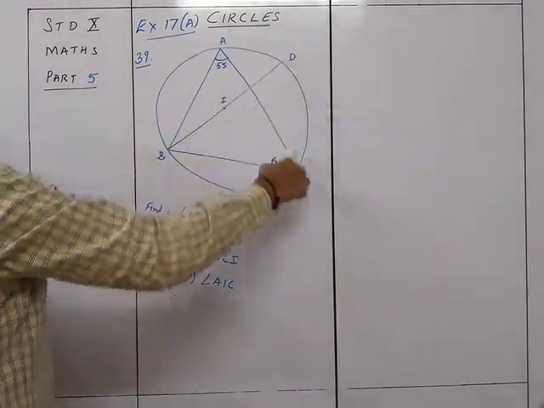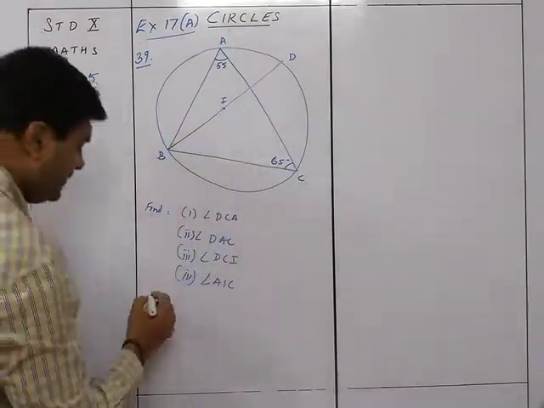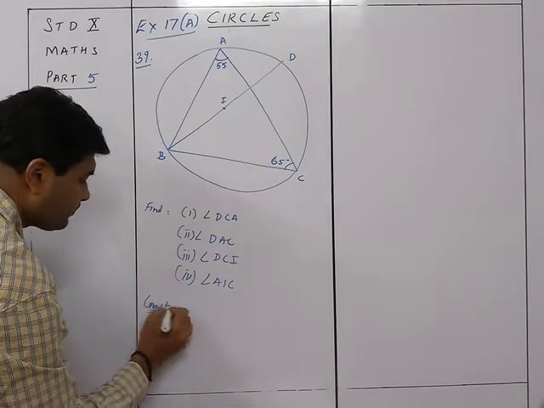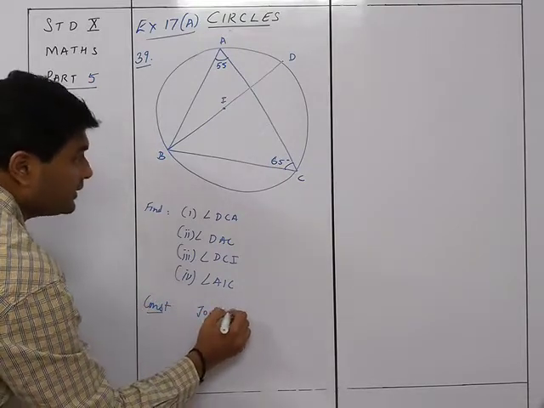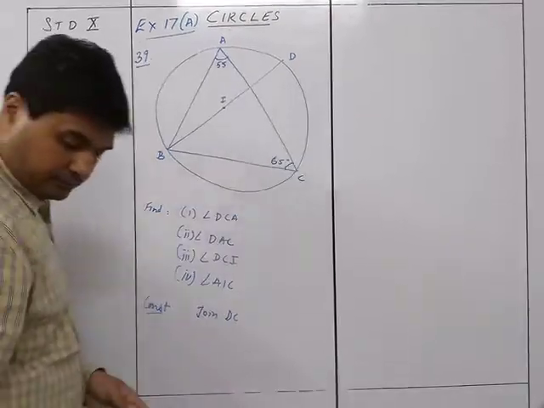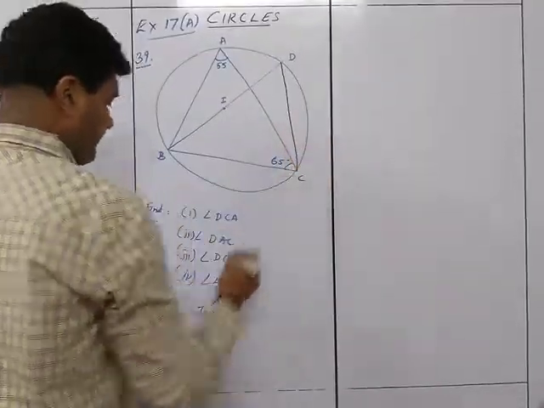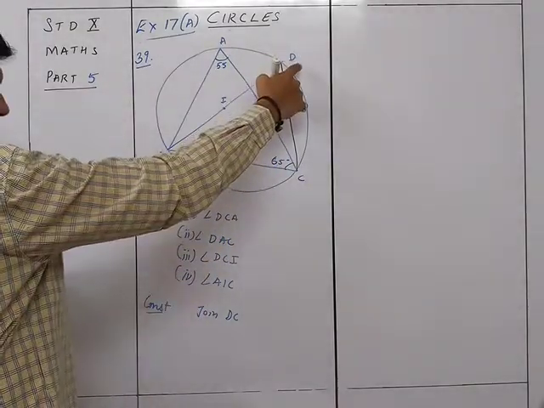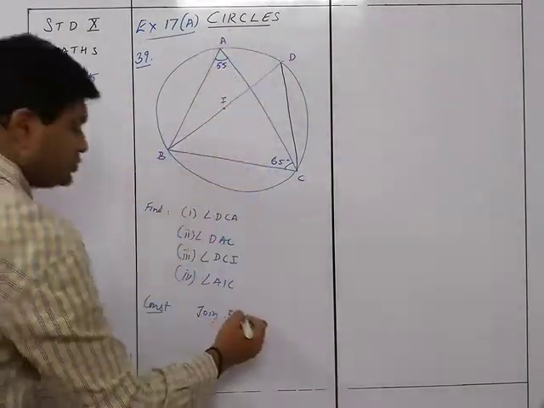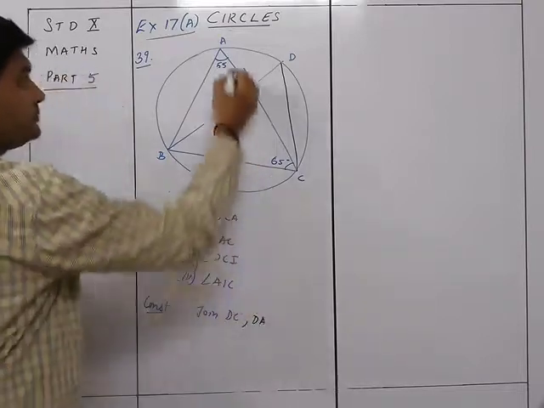DCA, so we need to join. So construction, join DC. DAC, so join DA.